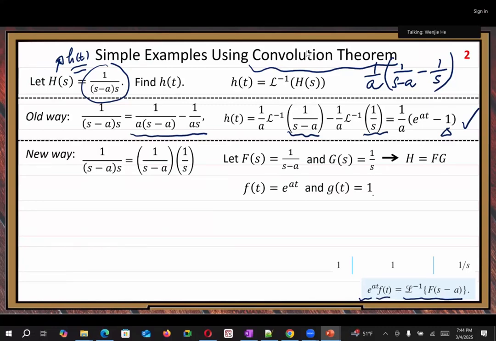For little h, you need to calculate the convolution of these two functions, little f and little g. So little h is f star g, by the definition of the convolution. Here we do not mean this is easier; it is for verification. It does not mean the second method is easier than the first one.